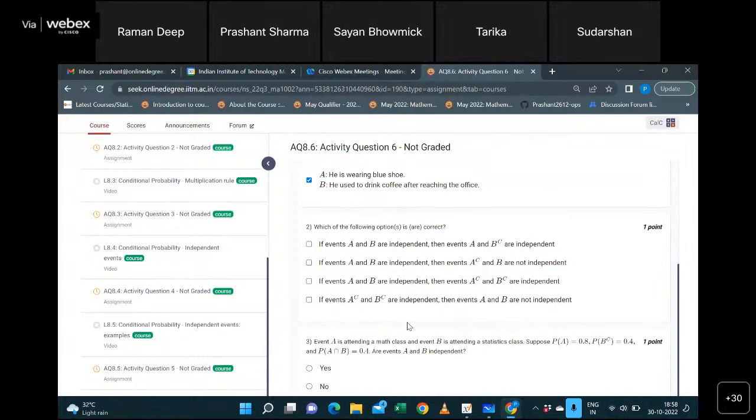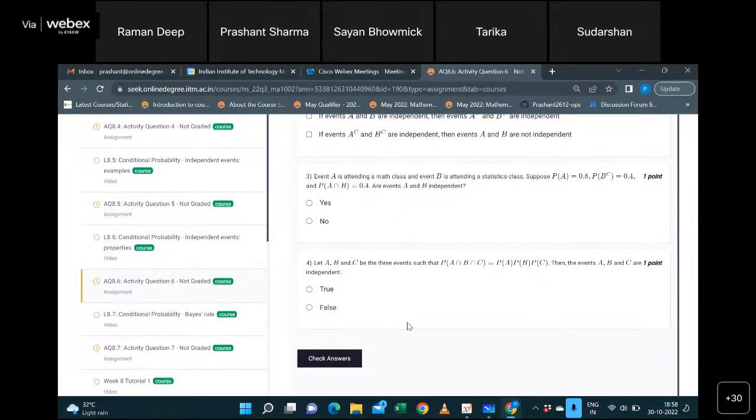In the second question, it's also clear for everyone, right? Yes, sir. Third, you have to apply the independence formula. It is asking whether A and B are independent or not. Is this independent or not? No, sir. Because probability of A intersection B should be probability of A times probability of B. Probability of A is 0.8.